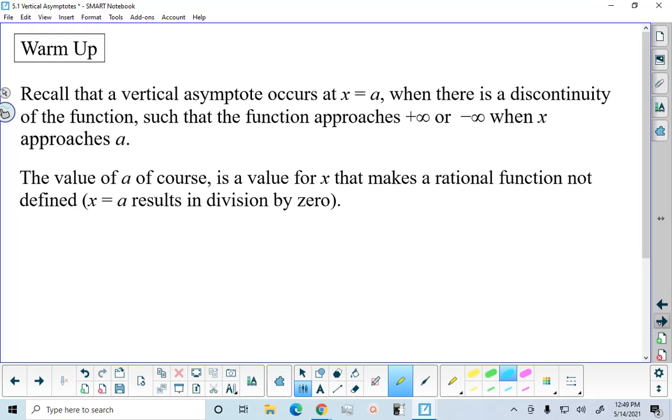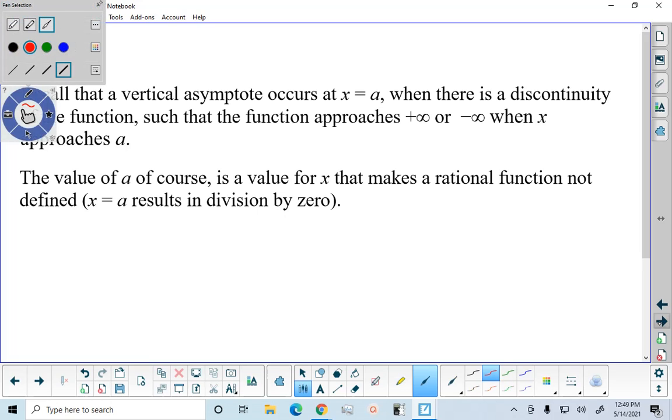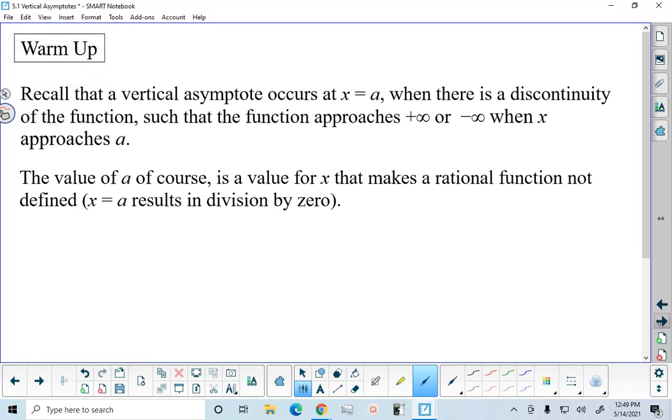I'll remind you here in terms of rational functions, and this is reviewed directly from rational functions and equations in Math 30-1, that if you have a function that's rational, which means it's a polynomial over a polynomial, and you have a factor of x minus a in the denominator, but you do not have a factor of x minus a in the numerator, then you will have a vertical asymptote at x equals a.